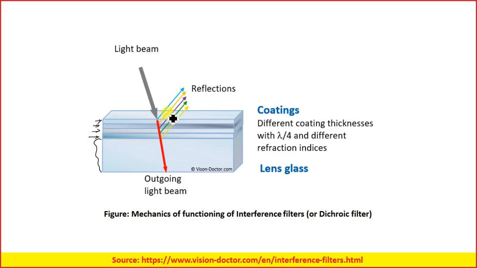Okay, and these reflections would be of different wavelengths. Okay, now if you use a specific slit, then you will be able to extract the monochromatic beam.